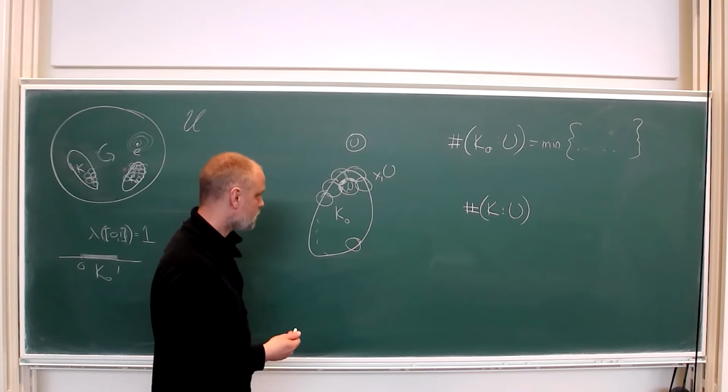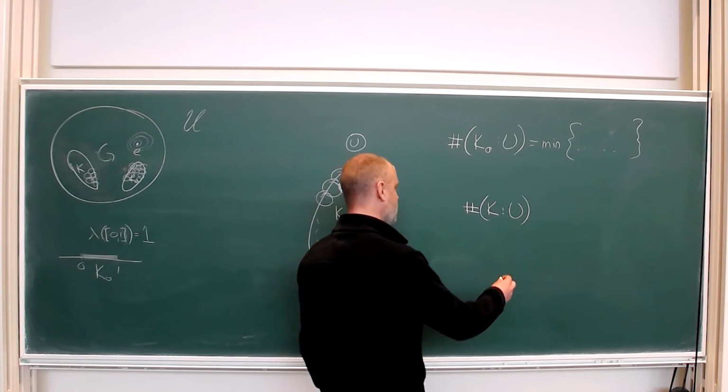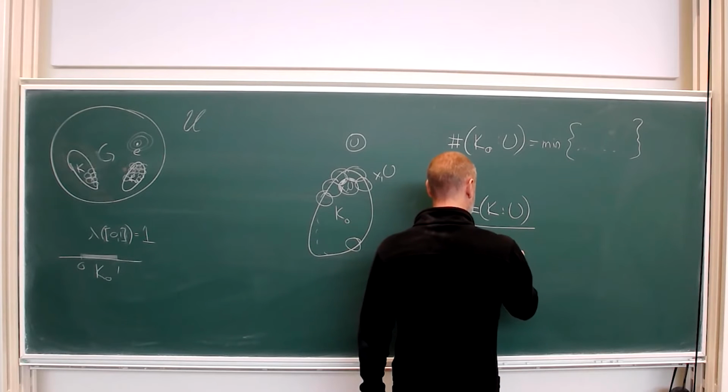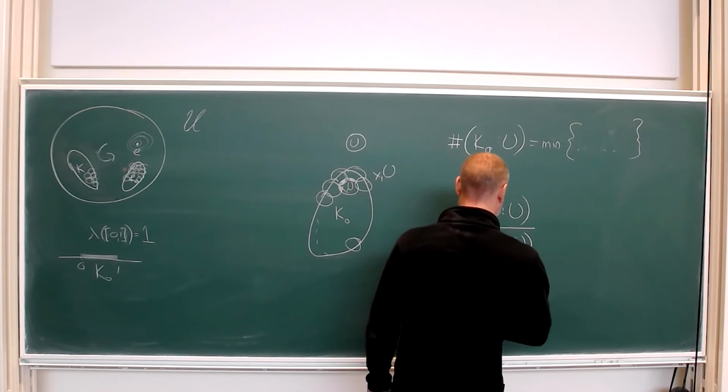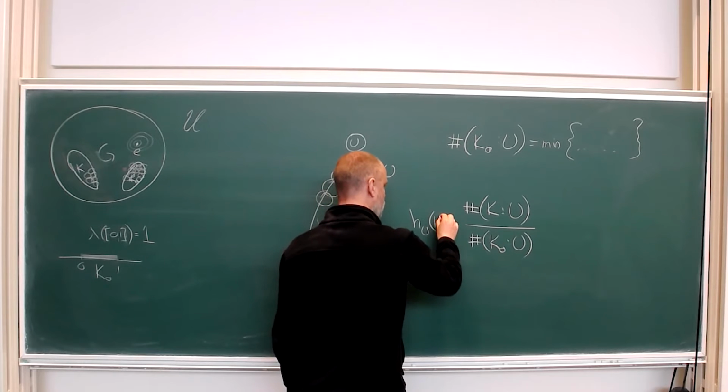Okay, so if I want to know how much bigger is K compared to K0, well, I can consider then the quotient of these two numbers, and that I'm going to call h_U.